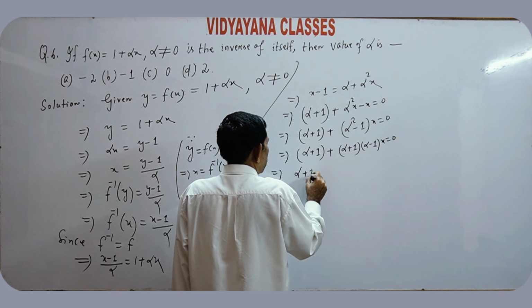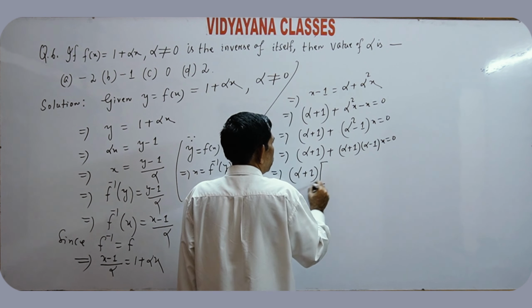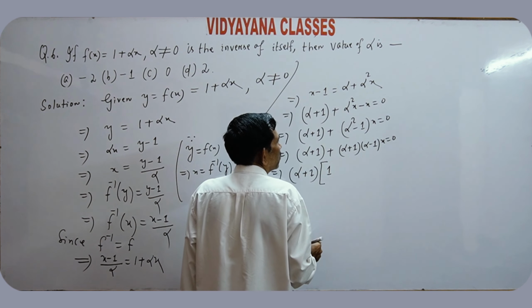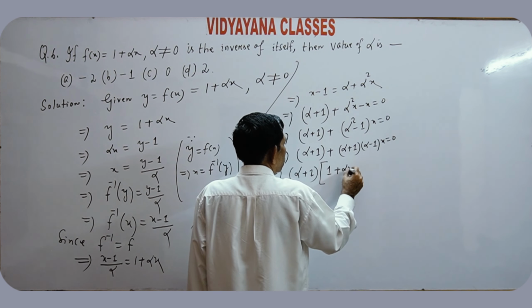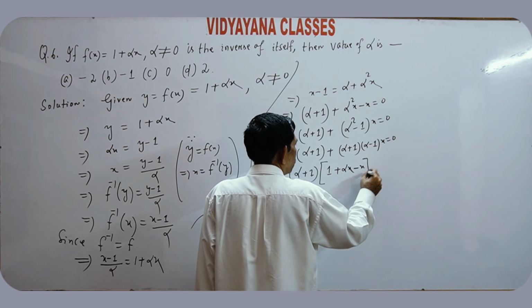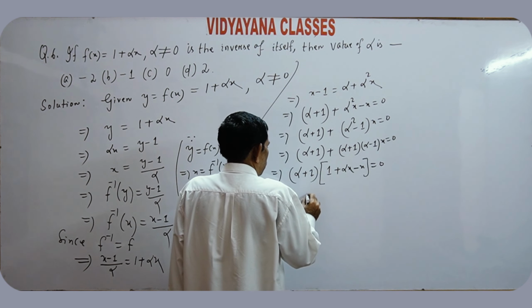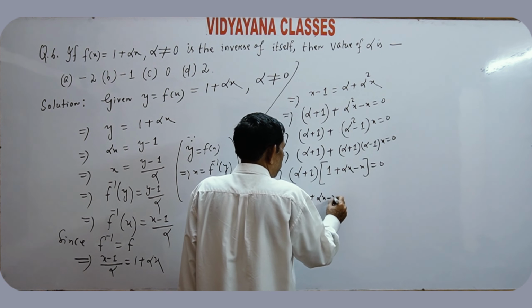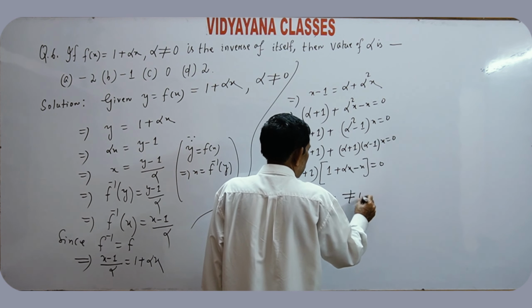Alpha plus 1 taking common, which gives (alpha plus 1) into (1 plus alpha x minus x) is equal to 0. 1 plus alpha x minus x not equal to 0.